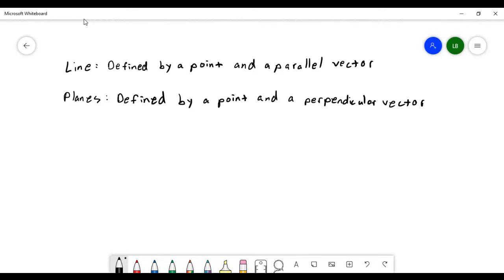Because if you have just a single point and a vector, you can actually define a whole plane of everything that is perpendicular to this vector, and it would be like this whole space right here, all of this. Hopefully you can kind of see what I'm getting at.